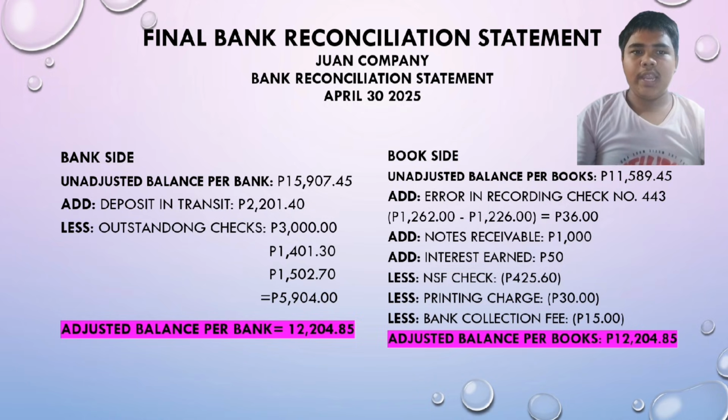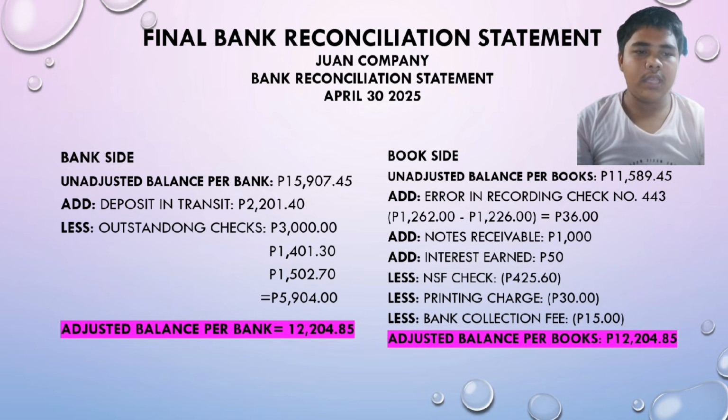What we did earlier was a draft. Now we are going to finalize our bank reconciliation statement. As you can see, I didn't put anything additional there. I only directly put the items from the problem mentioned before, which are unadjusted balance per bank, deposit in transit, and outstanding checks.